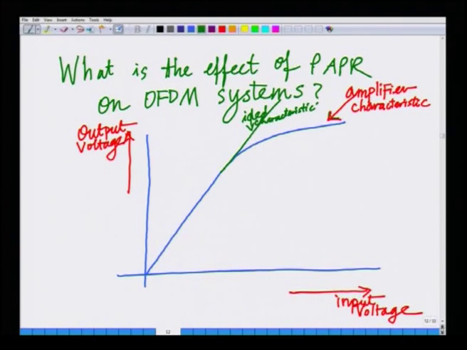But in practice, this is what is known as the linear region, the linear amplifying range. The linear amplification range of any device exists only over a certain voltage range. If the input is larger than that voltage range, the output is no longer linear, but non-linear.